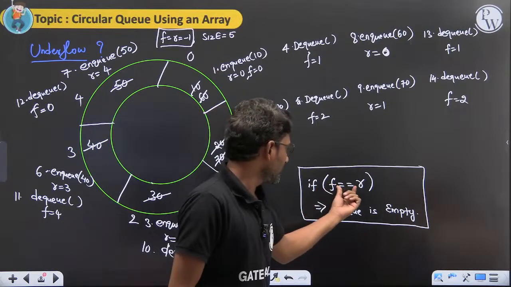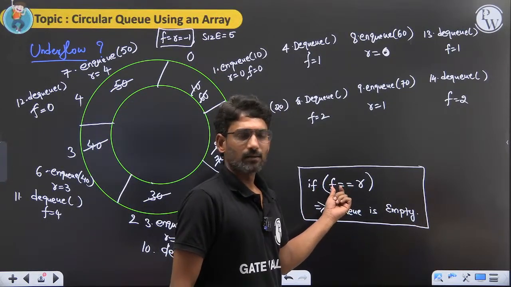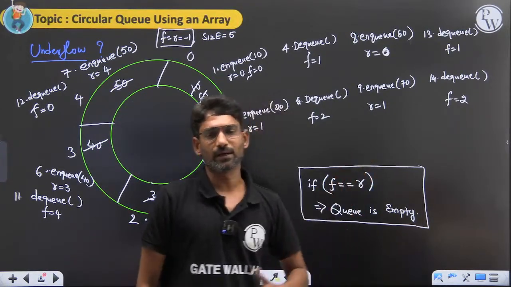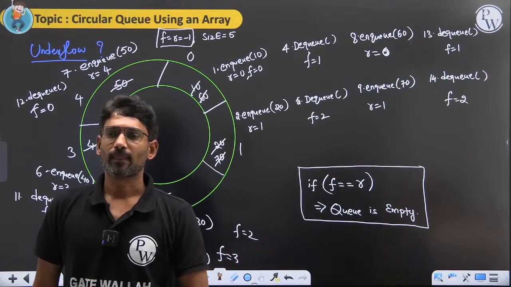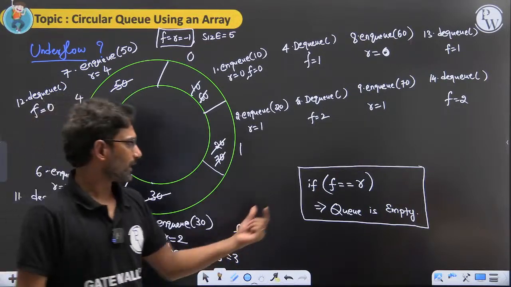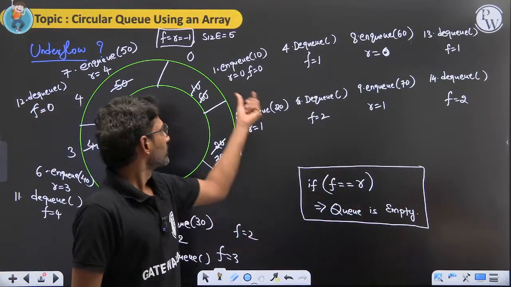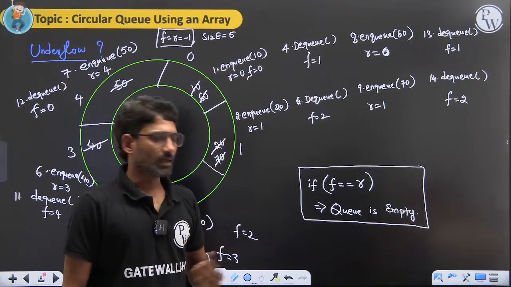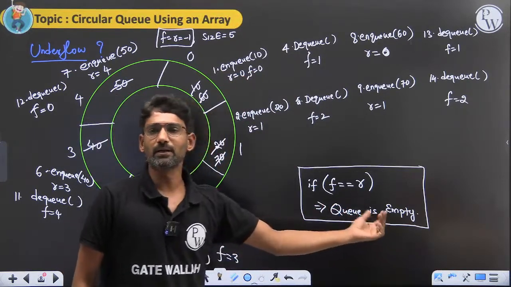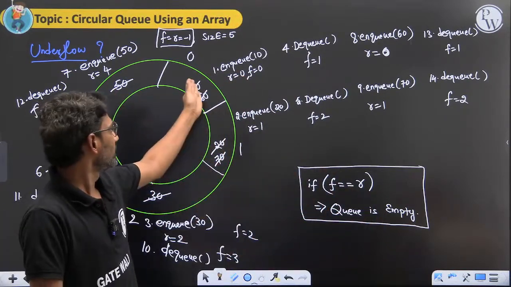If you check, front is equal to rear, and it will go on printing queue is empty, but actually there is one element.